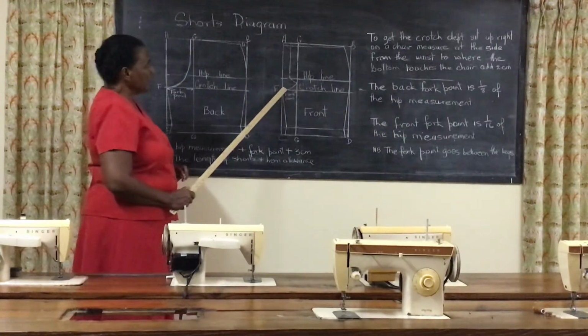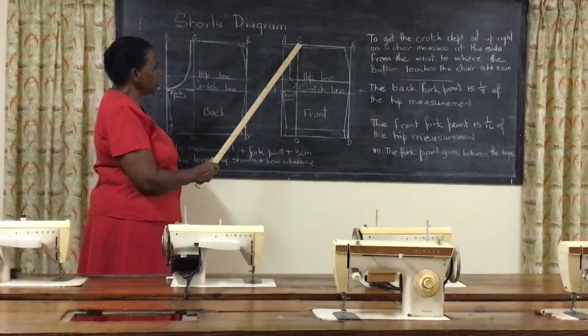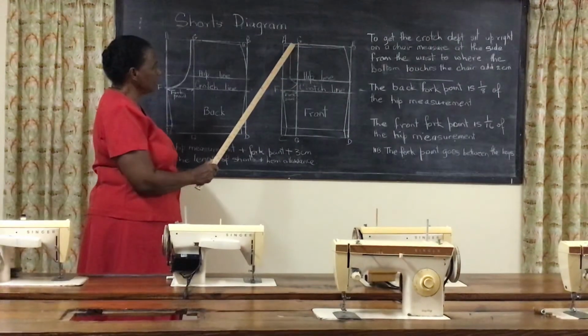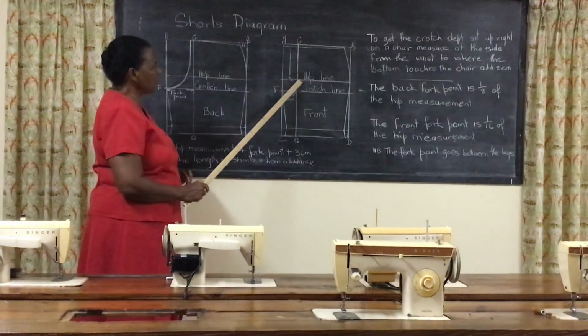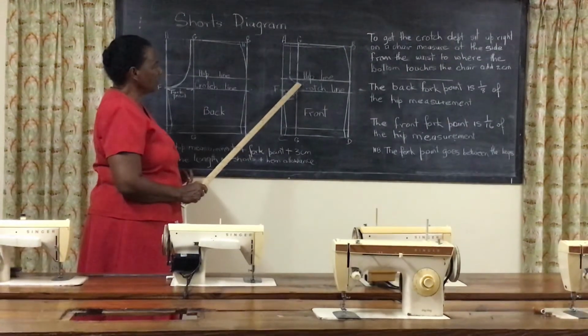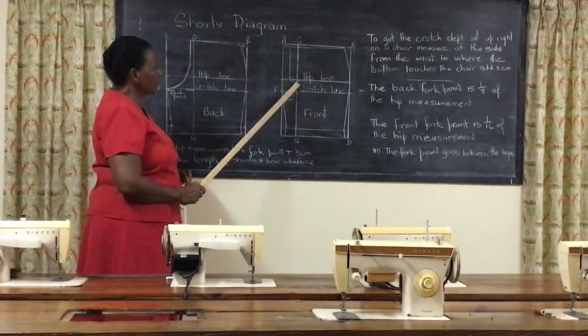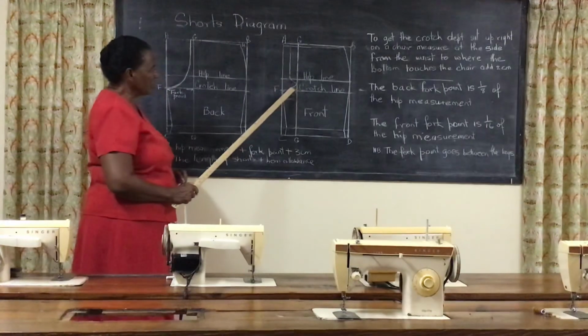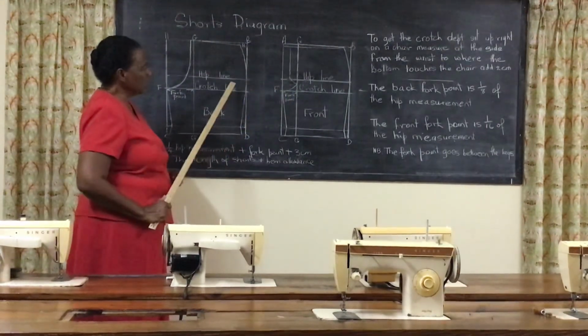The 4 point area, we do the fly from G, we come out 5 centimeters, and then you draw to 2.5 below the hip line. So we come down like at 2.5, and that's how you get this curve. Then you will bring from that curve another curve out to F, which completes the 4 point area for the front.